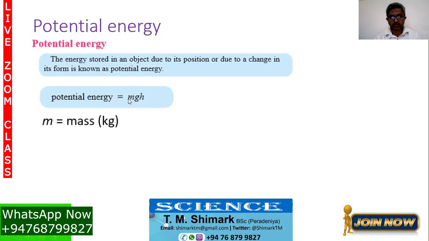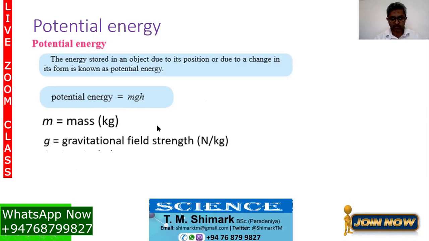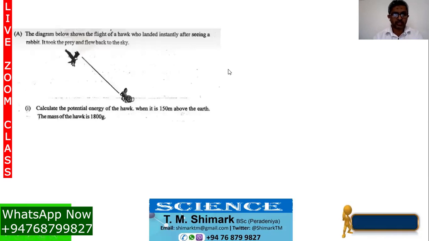Mass is given in kilogram, gravitational field strength is in Newton per kilogram, and height is given in meters. So we need to be careful about the units. Potential energy is energy stored in an object in a particular position. Potential energy can be calculated by mgh. So we shall see what the question asks.